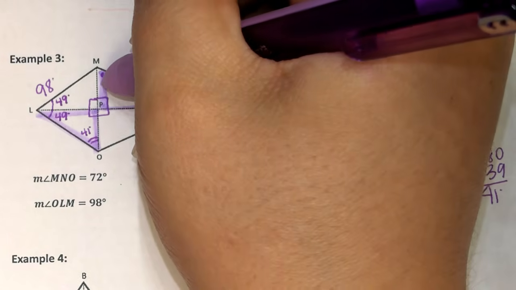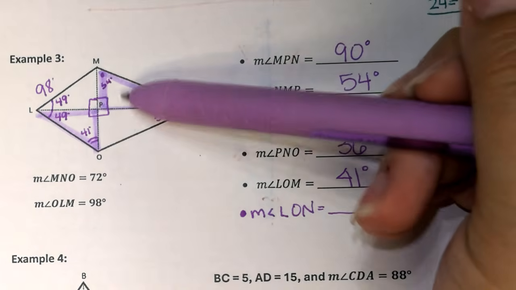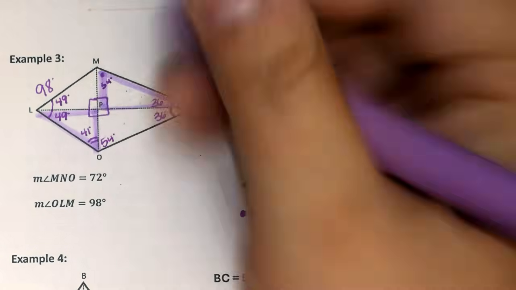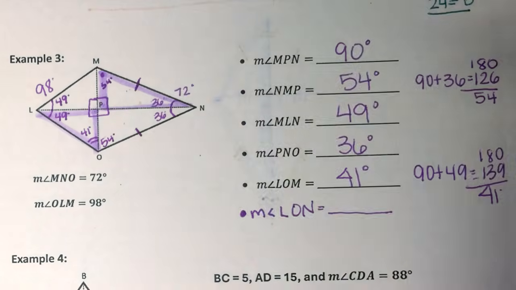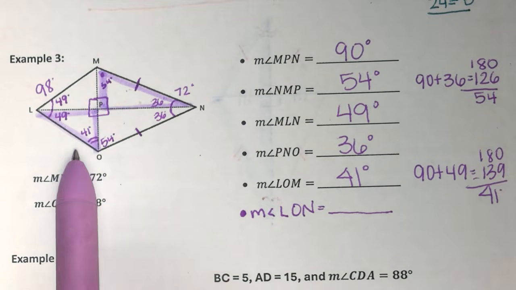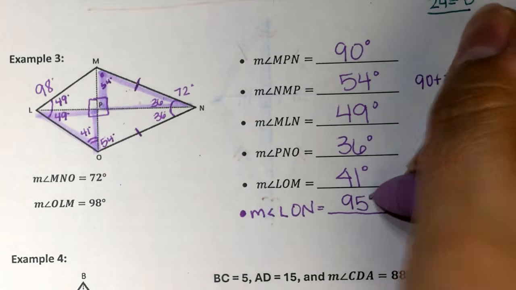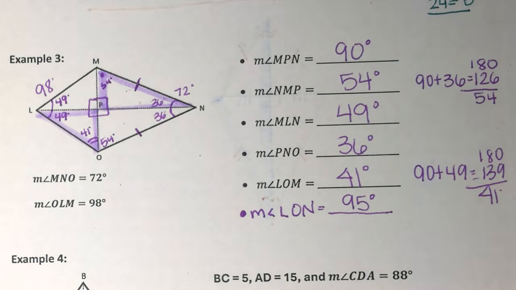But didn't we know that right up here was 54 degrees? Are these two the same triangles? So this is 54 degrees. Remember, because this is the same as this. So what is LON? 95 degrees. Okay. Don't y'all agree it kind of becomes a big puzzle? Yeah. All right. Can I move on?